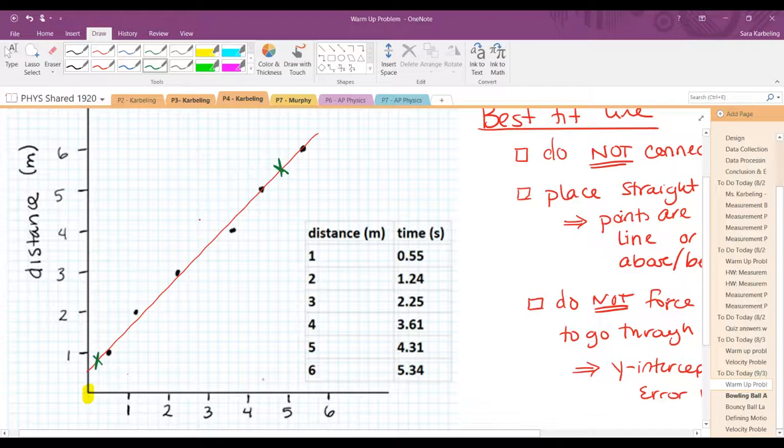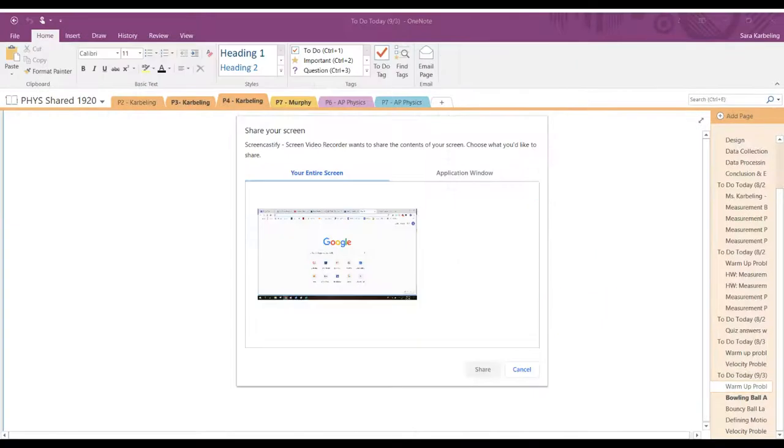Figure out what the coordinates of those points are and then calculate the slope. Because your line might not match mine, I'm going to let you do that right now. I will do it too, and then we'll compare in a moment. So go ahead and get started. If you're stuck, ask your table mate or ask me, and I will absolutely help you out.